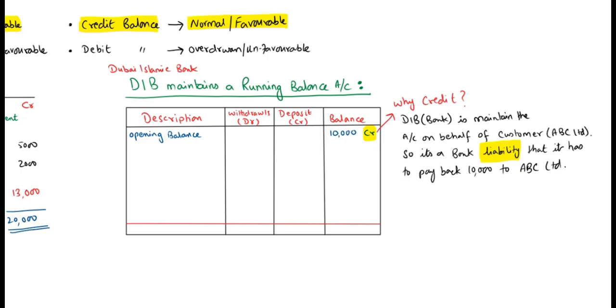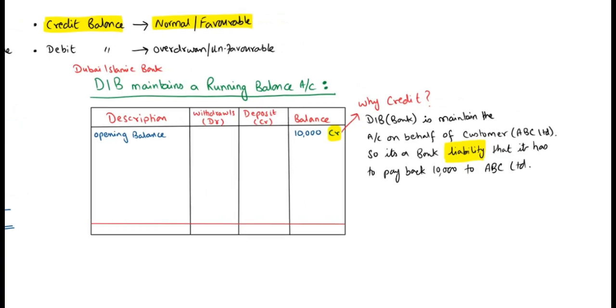Or you can say I will pass an entry for you, but it's not required here. So if the bank receives 10,000, the bank is debited by 10,000 and ABC Limited is credited by 10,000.